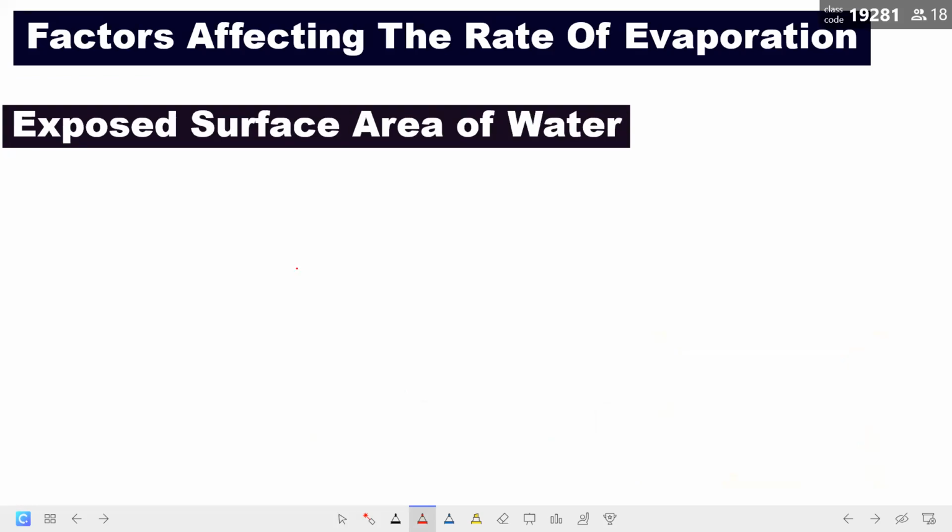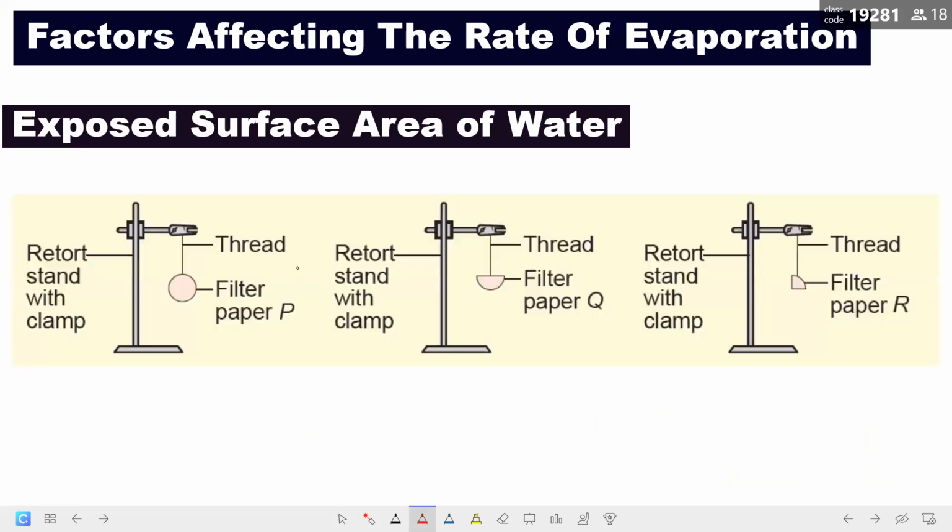Again, I show you the experiment. When you see the experiment, then you understand better. Let's say teacher has P, Q, R. Now my concept is the more surface area, the higher the rate of evaporation. So which one do you think here will have the highest rate of evaporation?